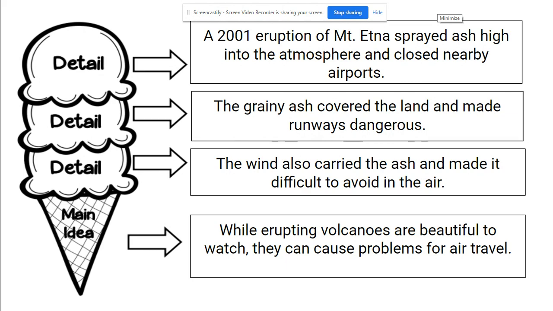So, one of the details is that a 2001 eruption of Mount Etna sprayed ash high into the atmosphere and closed nearby airports. The grainy ash covered the land and made runways dangerous. The wind also carried the ash and made it difficult to avoid in the air. So, all of these details that the author provides support this main idea that volcanoes can cause problems for air travel.